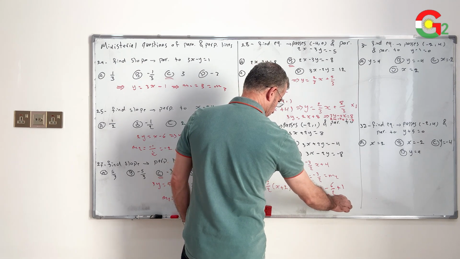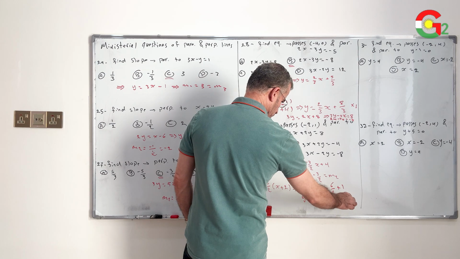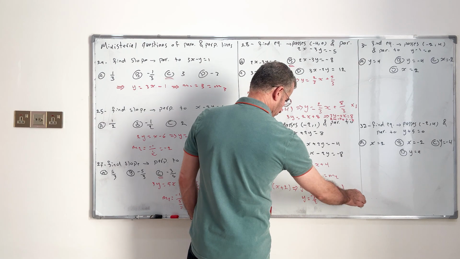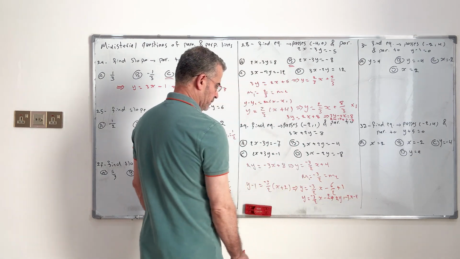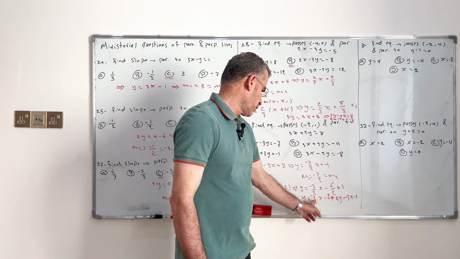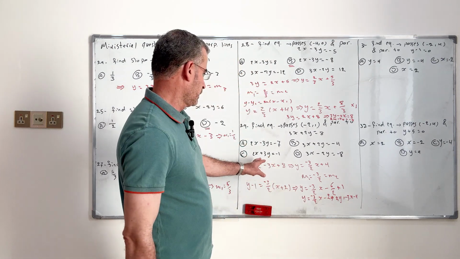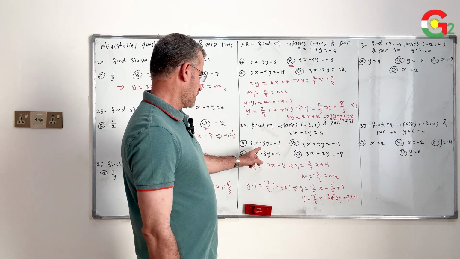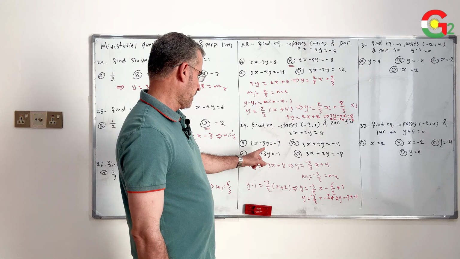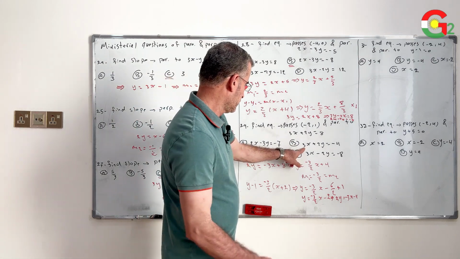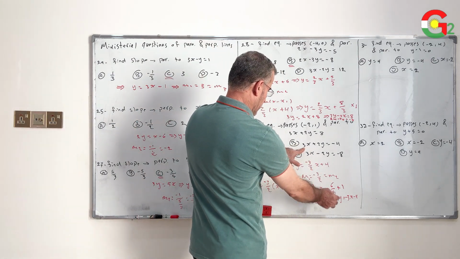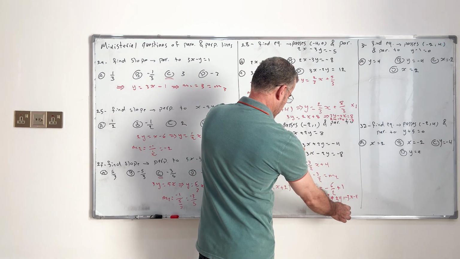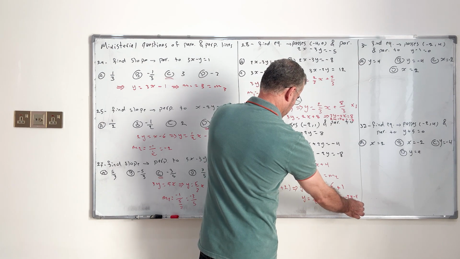Then 2y equal to negative 3x minus 4. Then the right choice is 2y plus 3x equal negative 4. I can rewrite this equation as 3x plus 2y equal to negative 4.